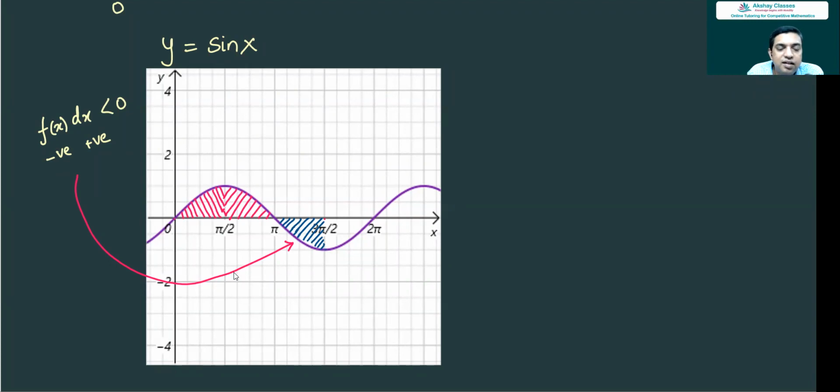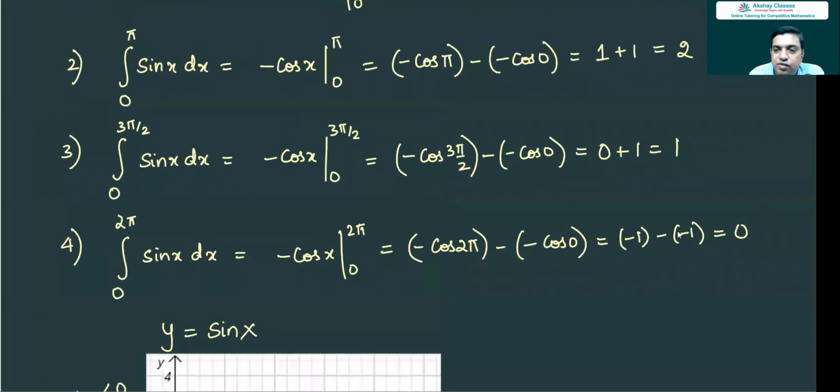Numerically this area is the same as this area. So this area we got +1, here we got +1, here we got -1. When you add up 1 + 1 - 1, you will get 1. So that's what we get, this as 1.